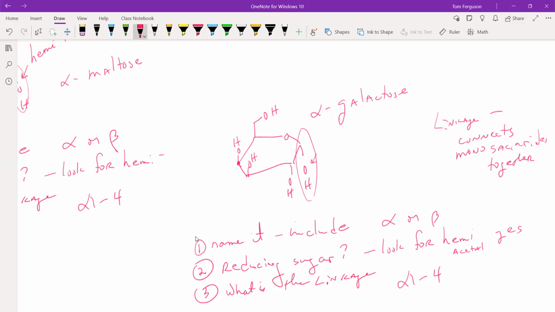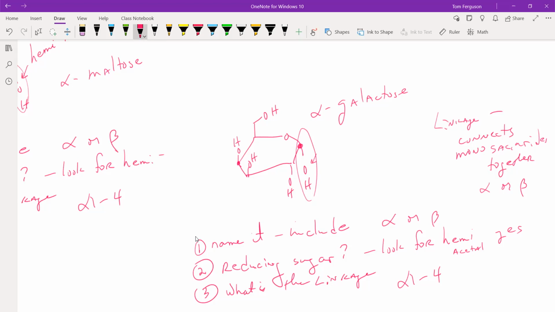Okay, a linkage connects monosaccharides together, alpha or beta depending on the anomeric carbon. Here's the anomeric carbon here. So is there a linkage with a monosaccharide? No, because with a linkage you're connecting up two monosaccharides.